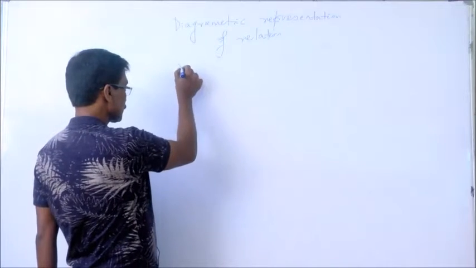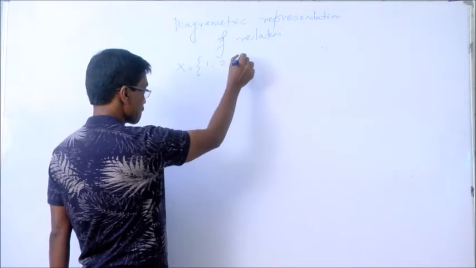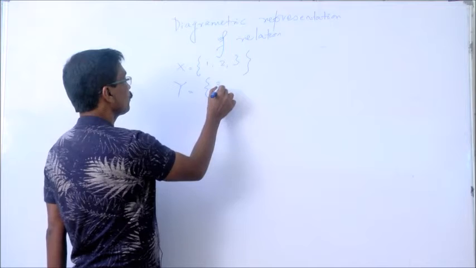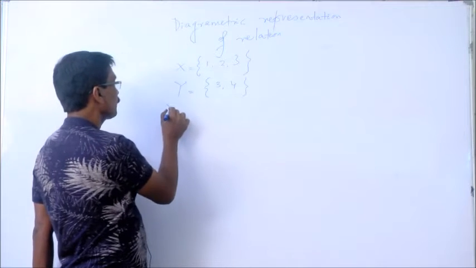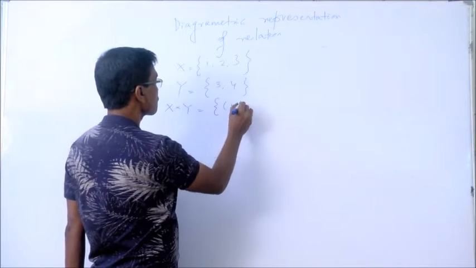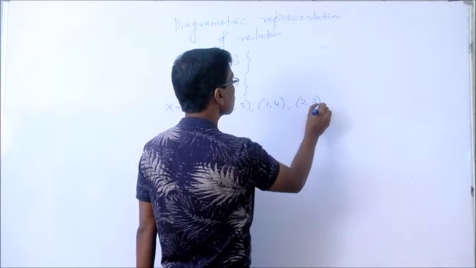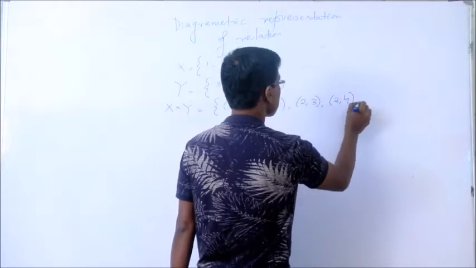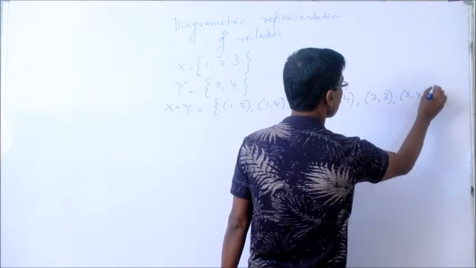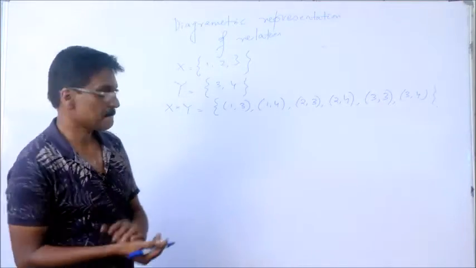Suppose X set has elements 1, 2, 3 and Y set is equal to {3, 4}. Then X cross Y is equal to (1,3), (1,4), (2,3), (2,4), (3,3), (3,4). So, these are the total elements of X cross Y.